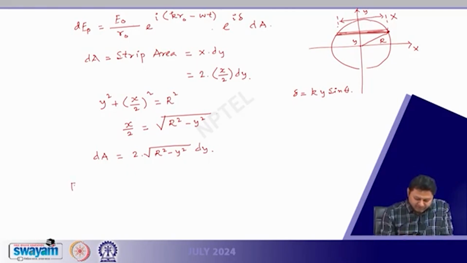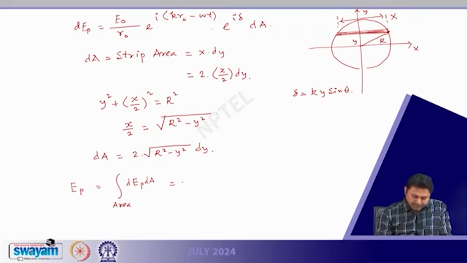So, the total field now due to the entire aperture will be the integration of the small field that we are having over this area dA, and I am going to integrate over area.